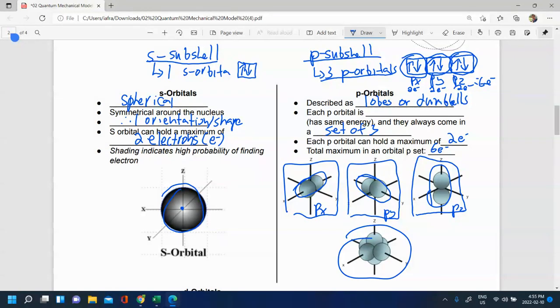Now what I want you to get though is that the orbitals, so let's say you're looking at a p subshell, and there are 3 p orbitals there, and you might ask, well, which orbital in the p subshell has the highest energy? They're actually all the same. So within a subshell, the orbitals that make it up are all the same in terms of energy. And we give it a fancy term, we call that degenerate. So the 3 p orbitals in the p subshell are degenerate in terms of energy.